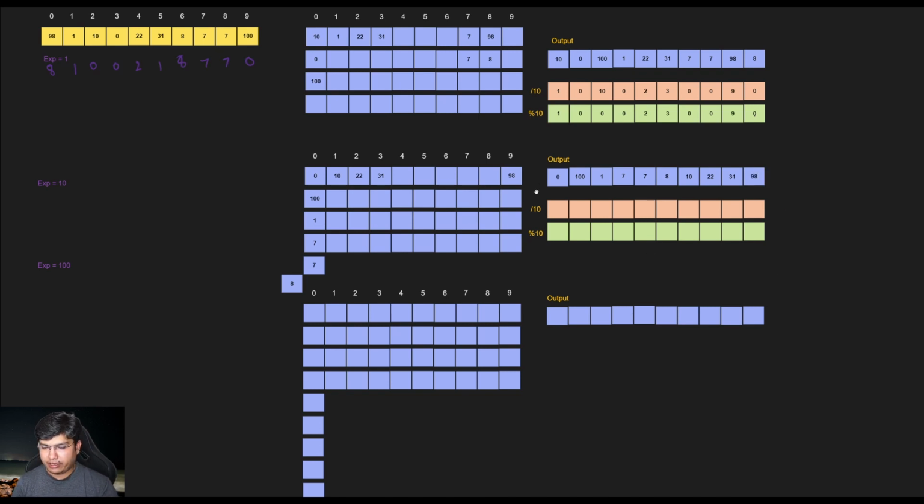Now this time I will have to divide by 100, because in the first iteration I divided by 1, second iteration I divided by 10, and in the third iteration I have to divide by 100.